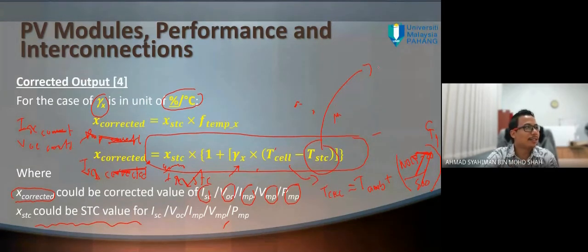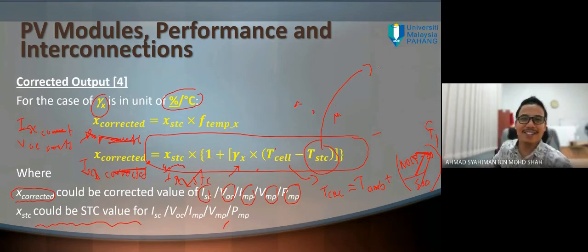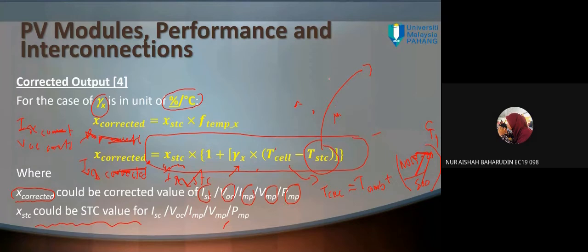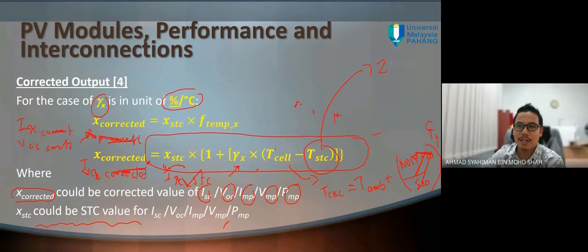Nobody answers. Everyone is frowning. Just guess, please. 25 degree C, correct. 25 degree C is the value for the TSTC.